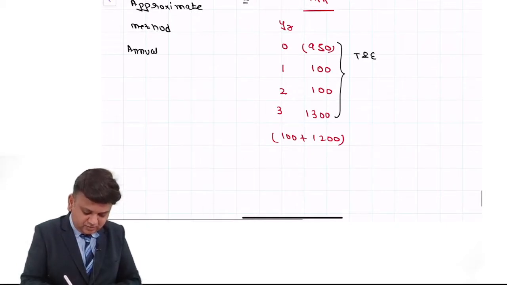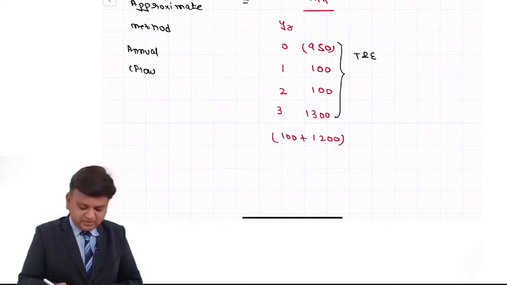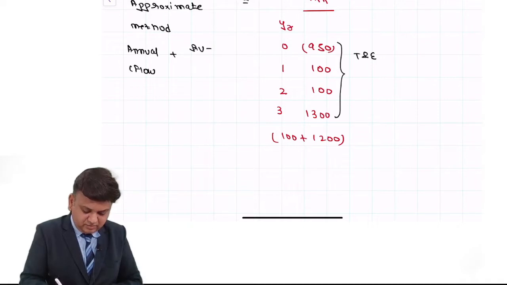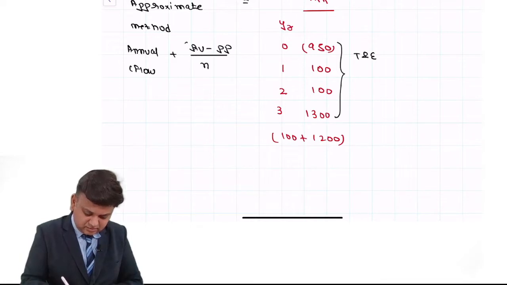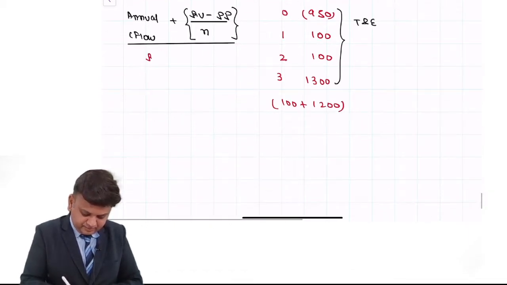Annual cash flow, that is an amount of like 100 rupees in this example, plus redemption value minus purchase price divided by the number of years, whole divided by redemption value plus purchase price divided by 2.